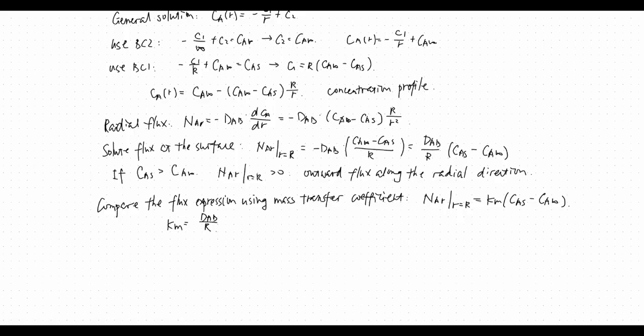Now, if you recall what we did in the last lecture, for diffusion from an infinite plate to a stagnant semi-infinite medium, we had a totally different Km. In that case, the Km was dependent on time. And in this case, the Km is a constant, it's independent of time.